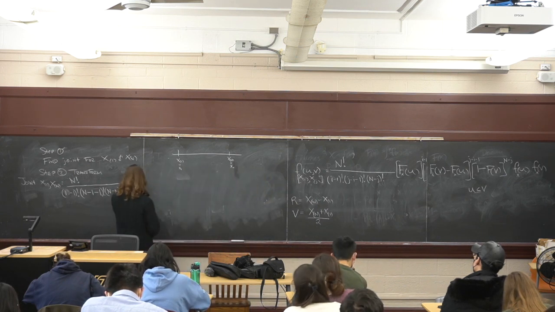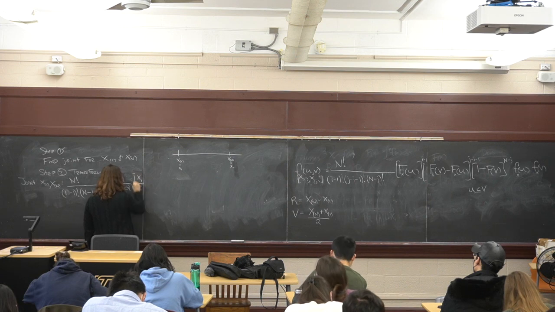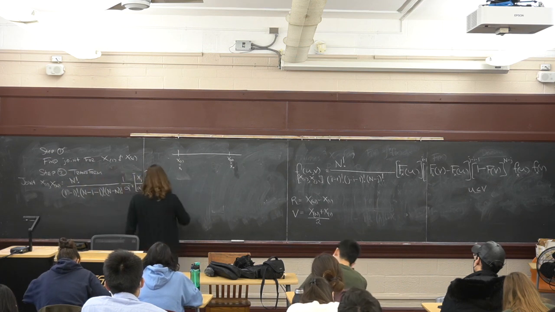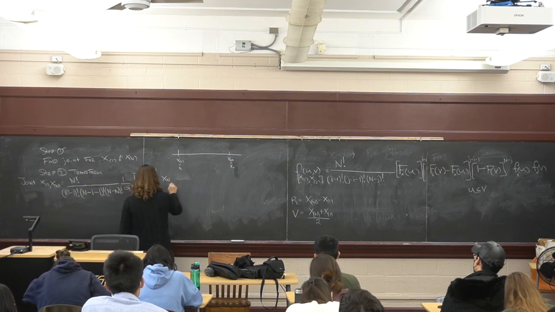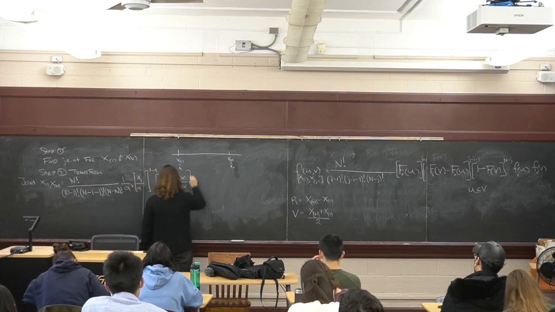Now I need to come up with my probabilities. So this is going to be x1 over alpha, raised to the 1 minus 1, so that's going to cancel out. Then I'm going to have xn over alpha minus x1 over alpha. These are my cumulatives.